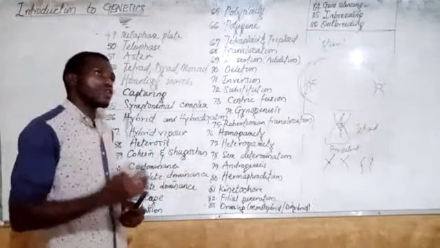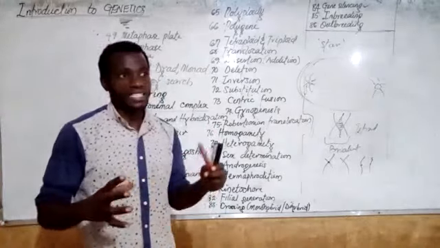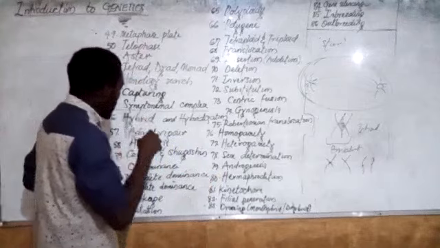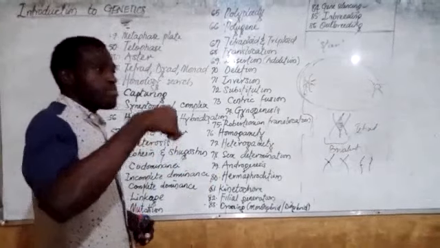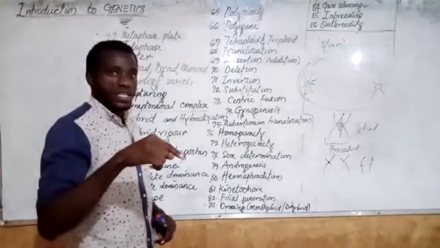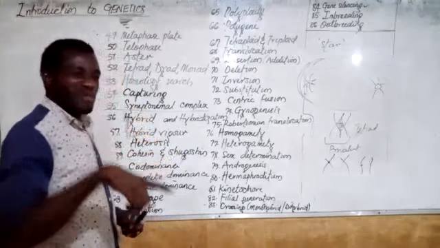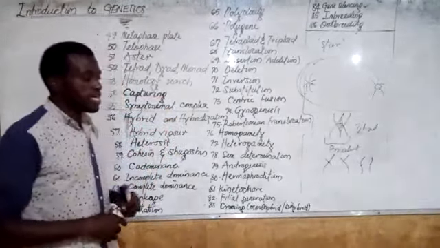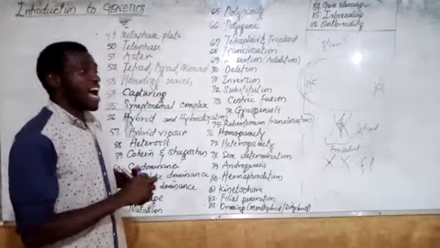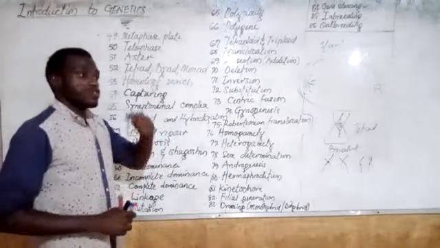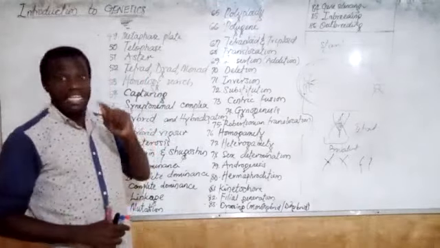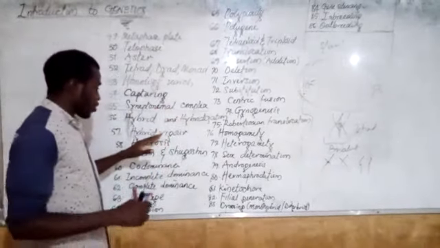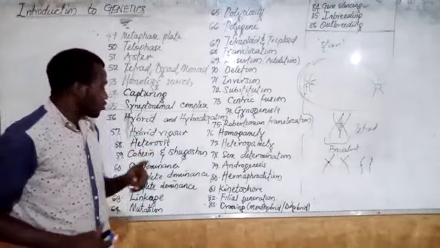So hybrid vigor simply refers to those characteristics possessed by the hybrid that may help it to survive and thrive even better than the parents. Alright, so the features that this organism has that are more beneficial to it than what the parents from which it was gotten have. Those are the hybrid vigor.